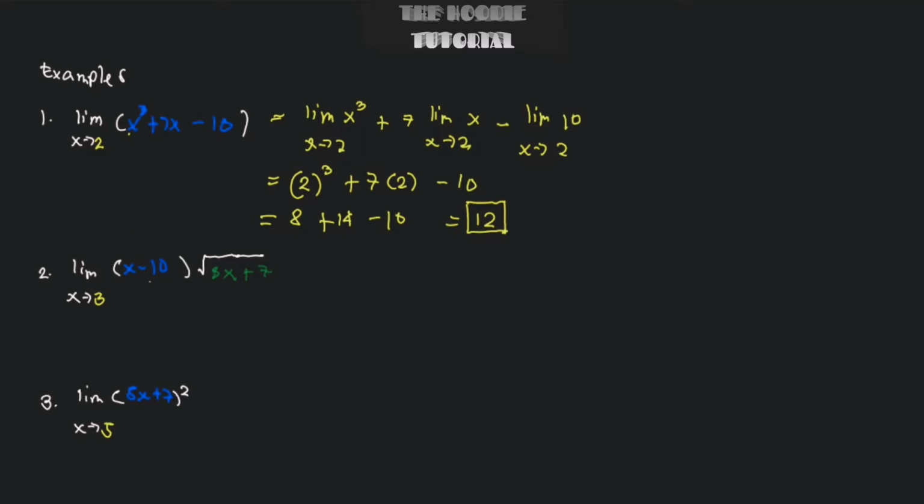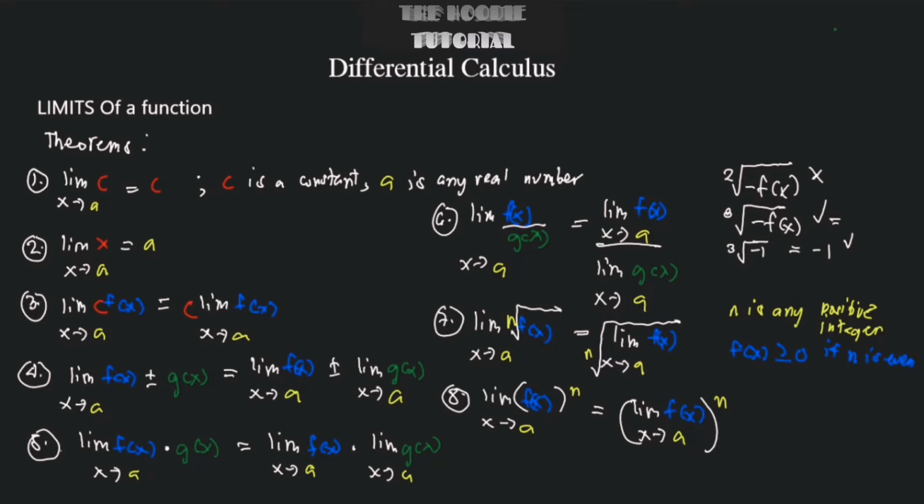Based on this function, we have 2 functions that are being multiplied. As we look back, this is in theorem number 5, which is 2 functions that are being multiplied.